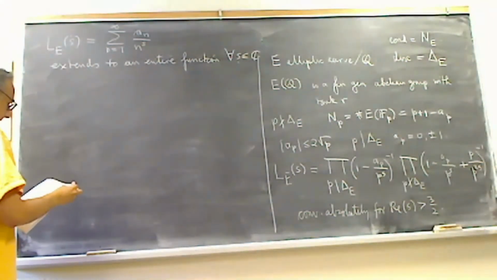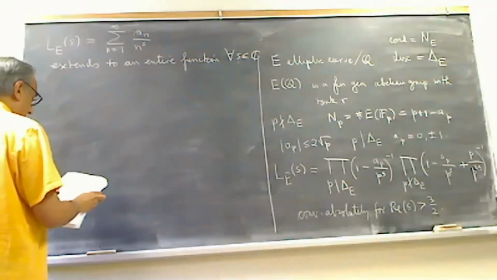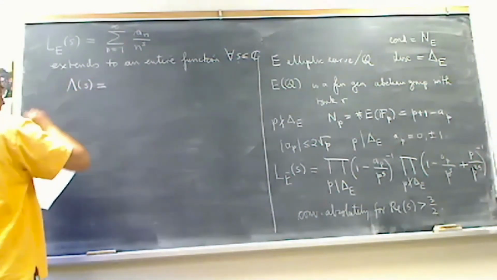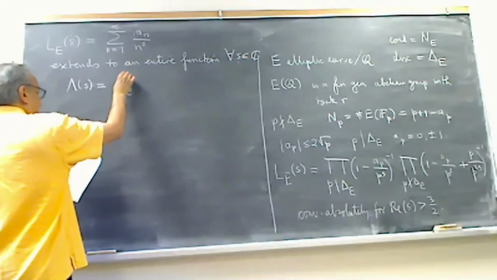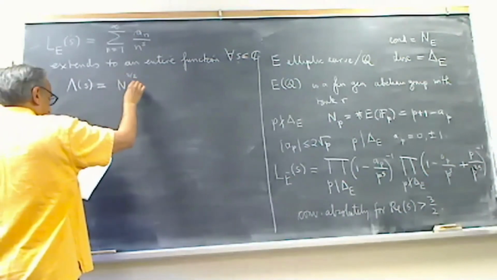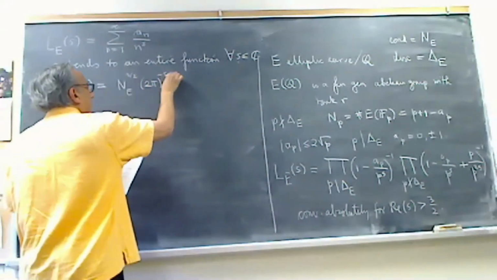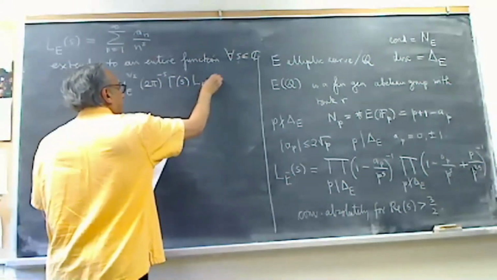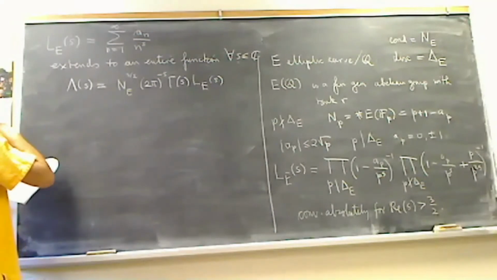We also have that lambda of s, which is the conductor of the curve to the power s over 2, times (2 pi) to the minus s, times gamma of s, times L_E of s, is entire and satisfies a suitable functional equation.